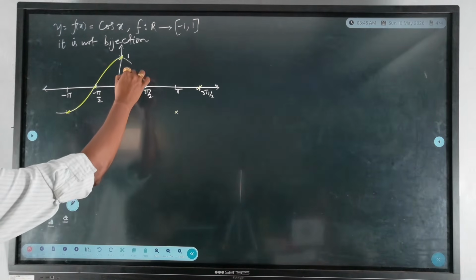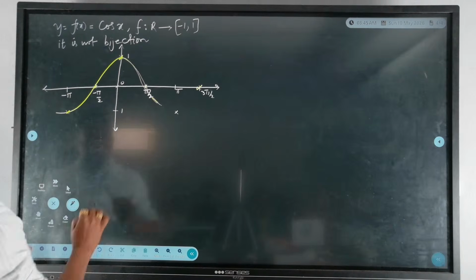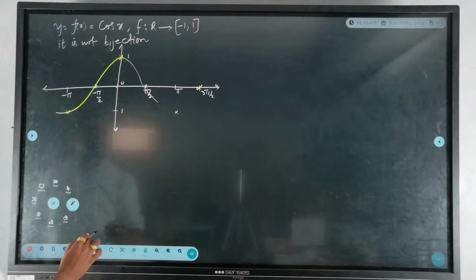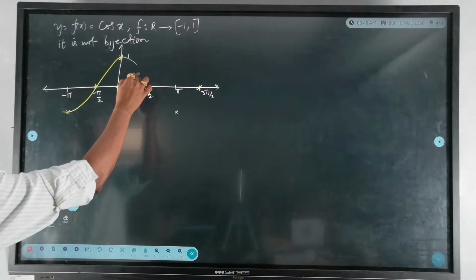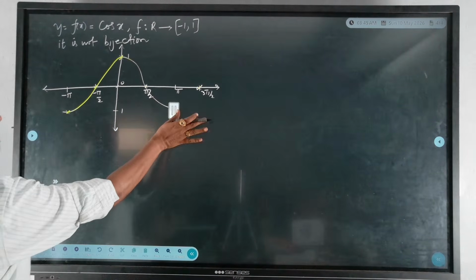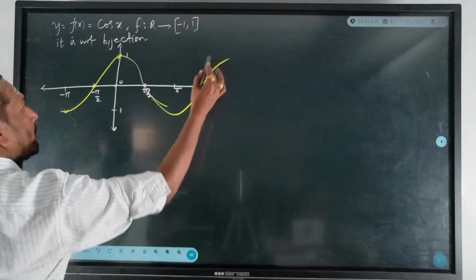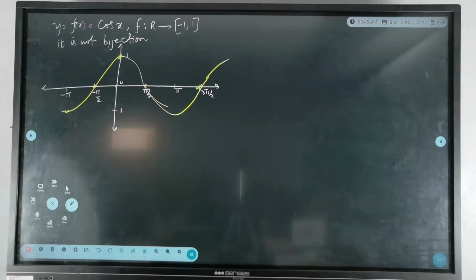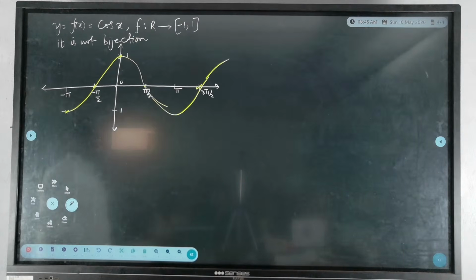See the graph. So a line drawn parallel to the x-axis meets the curve at more than 1 point. So it is not a bijection.